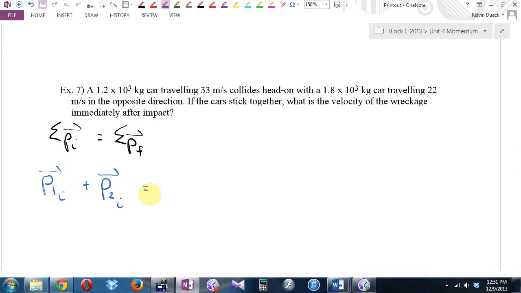Car 1, car 2, or both? Stuck together or separate? So I'm going to go momentum all final. Otherwise, I'd go momentum 1 final and momentum 2 final separate, right? And if it's not moving, it's 0 and I don't even write it, right?